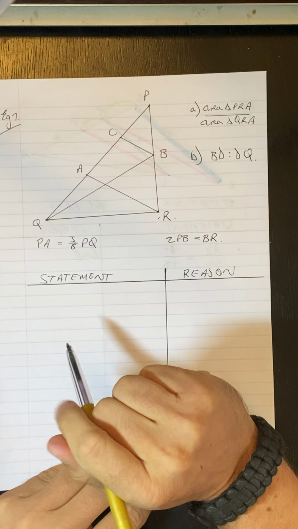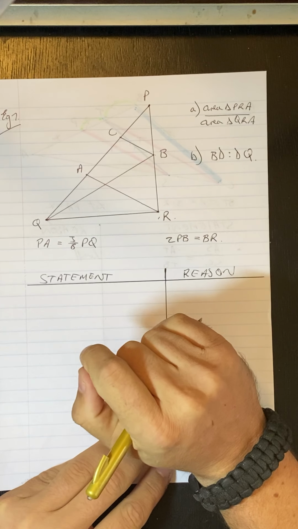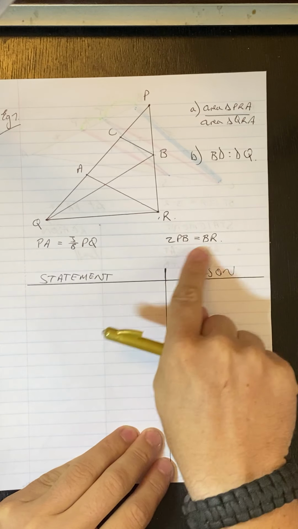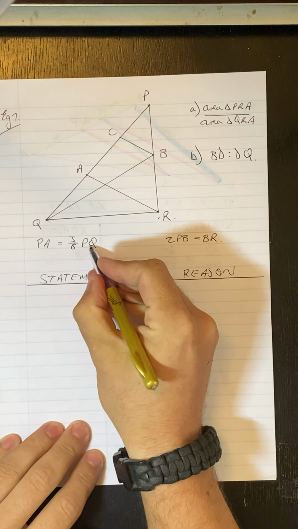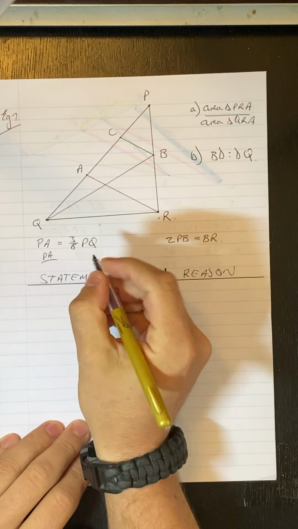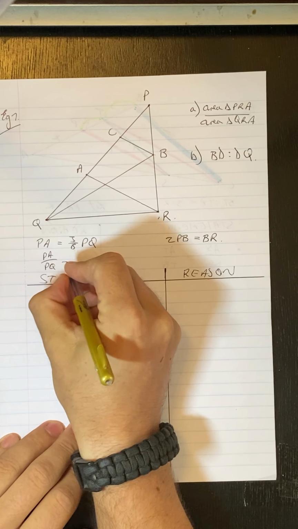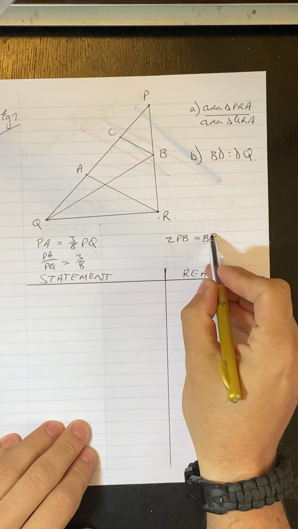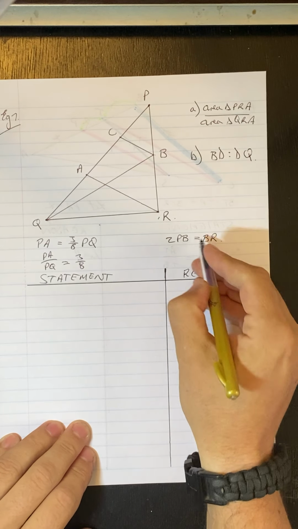Okay, so what I want to do first is try and get these things looking like proper ratios. So I'm just going to divide by PQ here. So we get PA over PQ is equal to 3 to 8. Okay, and then with this one here, I'm going to divide by the BR and then divide by the 2.